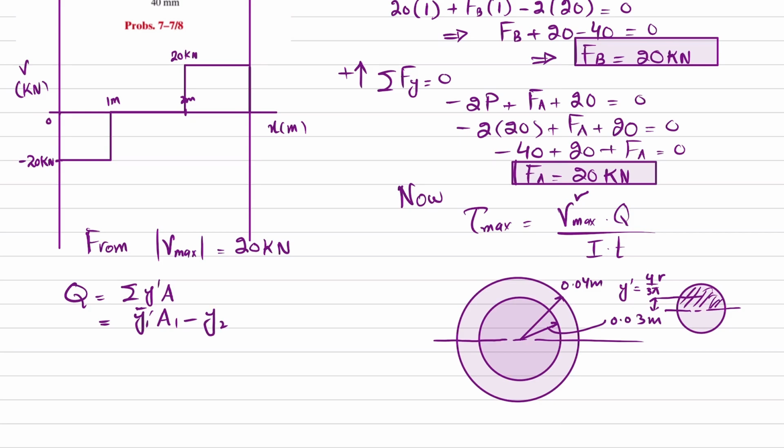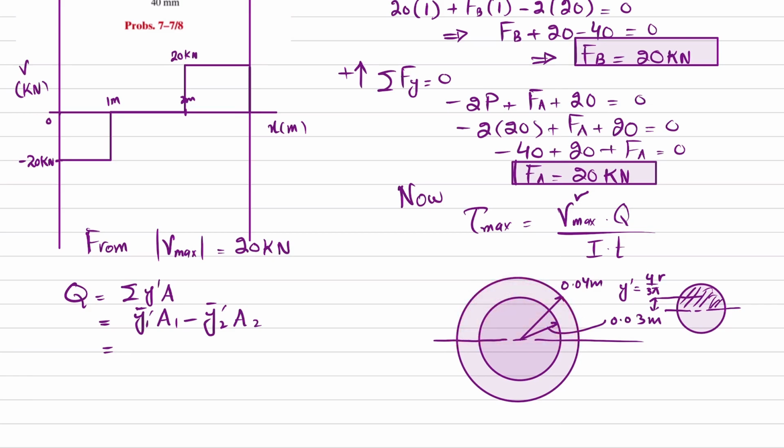Now if you assume this as a solid semicircle, it will have a y dash, its centroid from the neutral axis.